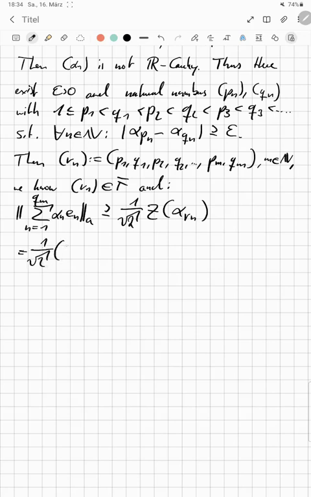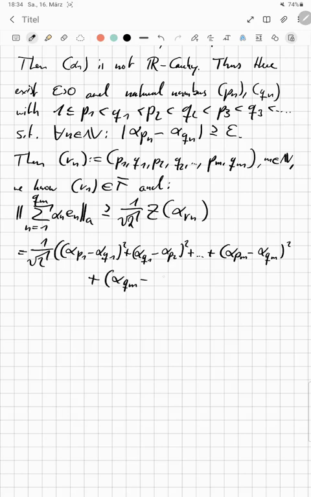what? Well, of alpha P1 minus alpha Q1 squared plus, and then we get alpha Q1 minus alpha P2 squared plus, and on, up until alpha Pm minus alpha Qm squared, and then we still get the cyclical sum alpha Qm minus alpha P1 squared. And this, of course, all in the square root. That's how it was defined.